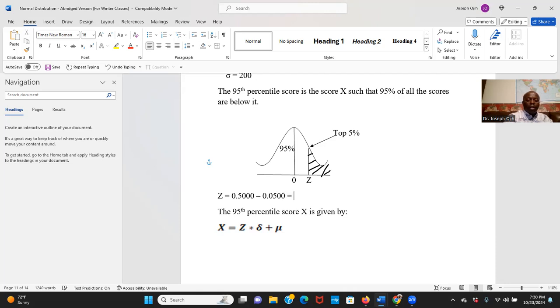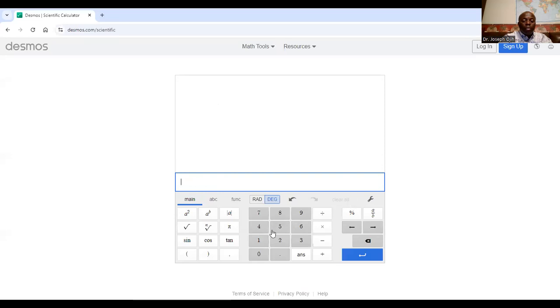From the calculator, that gives us 0.4500. Let me write it down.